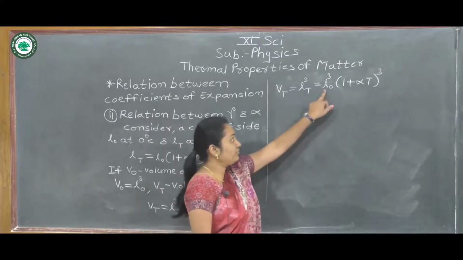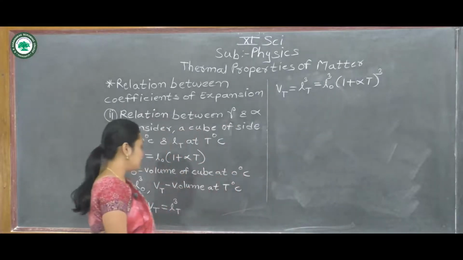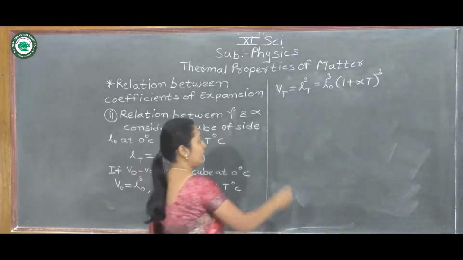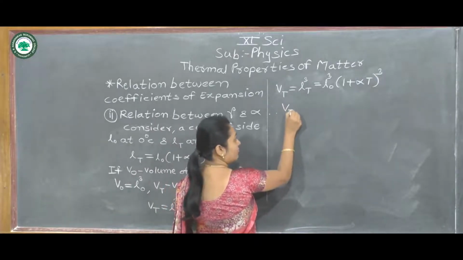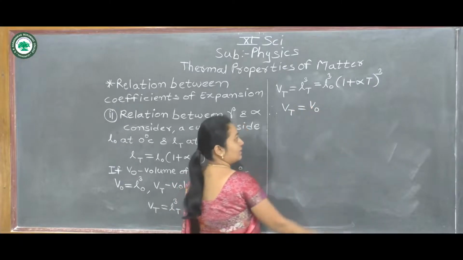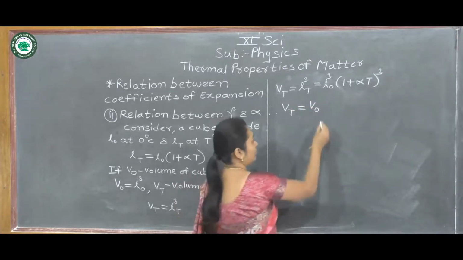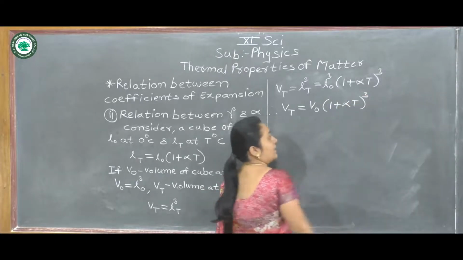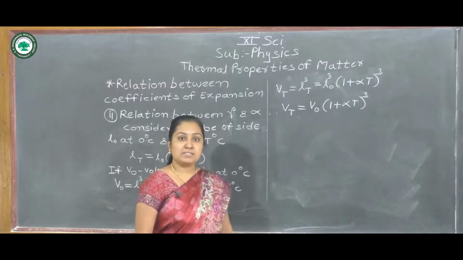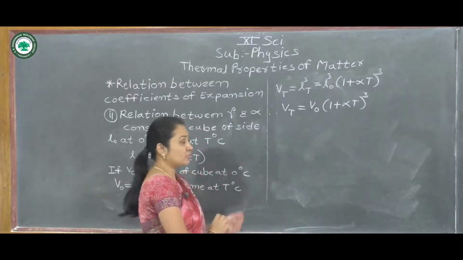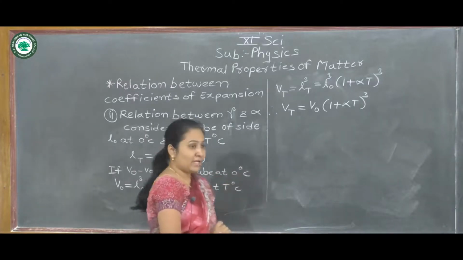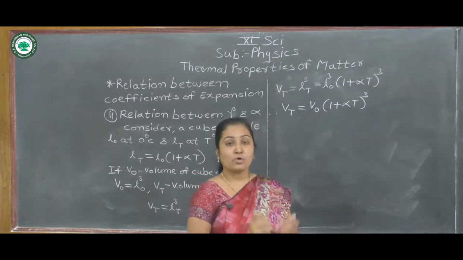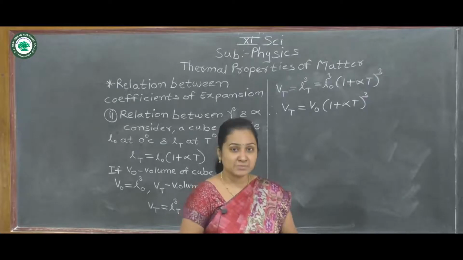Now we have L0 cube is equal to V0, so we can substitute here. Therefore Vt is equal to V0 in bracket 1 plus alpha t bracket raised to 3. Now again we use the formula for the coefficient of volume expansion.